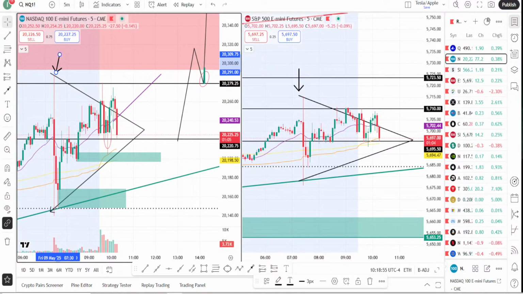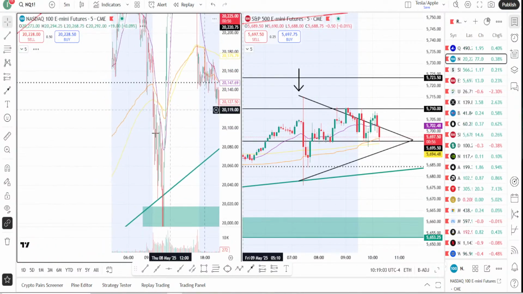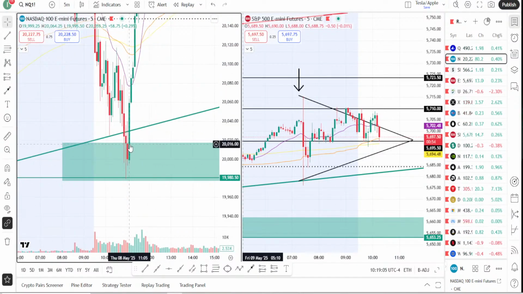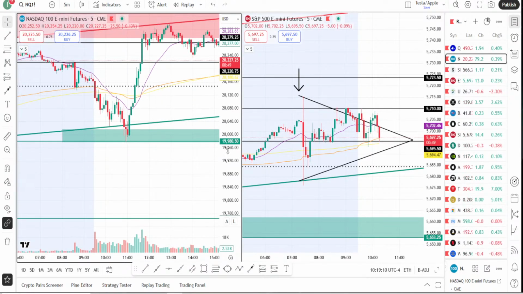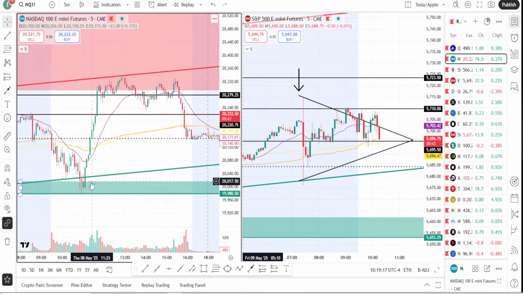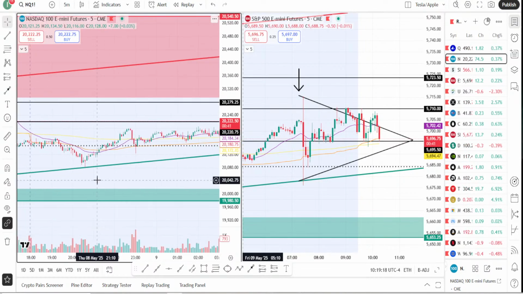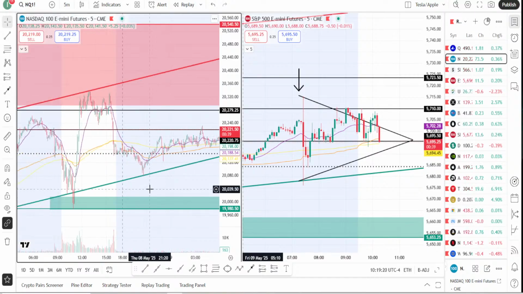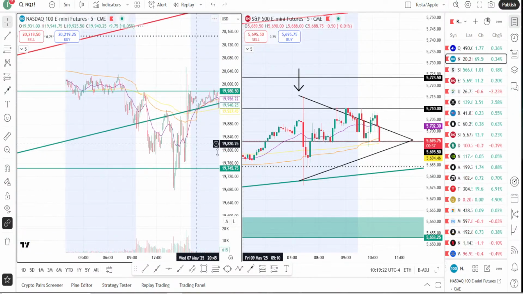Afternoons have been a blessing, that's for sure. Yesterday was a good example of that. What time was that move yesterday? Right here. Yep, 11:05. Look, 11:05. We get this rip when Trump was talking on the news. And how about the day before?